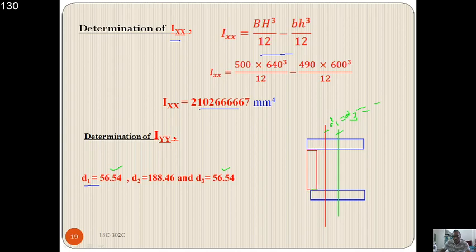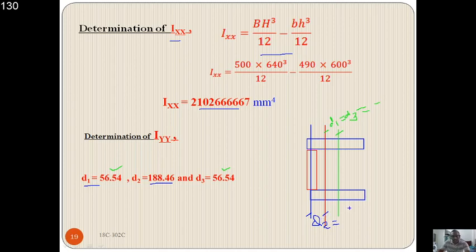Now this is also going through its 10 by 2 distance, that is 5 mm is its centroidal axis. So this is the distance of D2. Therefore D2 is also calculated in a similar manner: 193.46 minus 5, you will get 188.46 here. So this distance is D2.